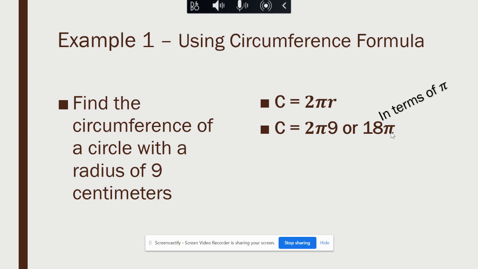If you don't have a calculator that has the pi button, then you can use just 3.14, and you'll multiply 18 times 3.14, and we get 56.55 centimeters. And that would be the answer rounded.